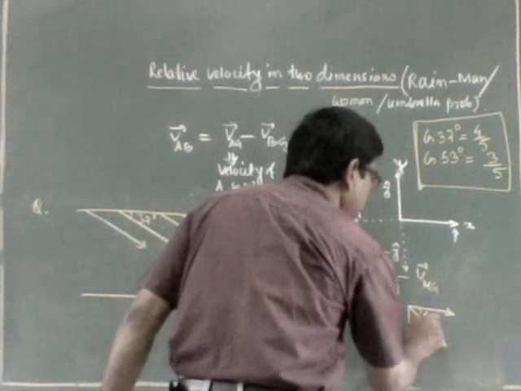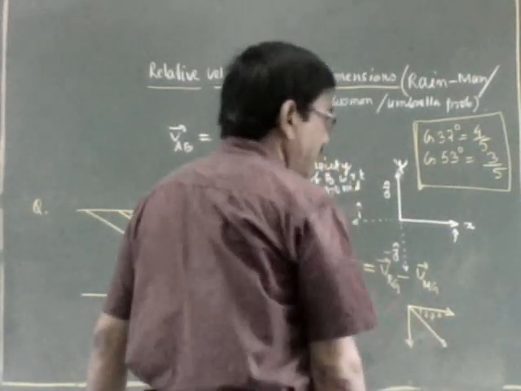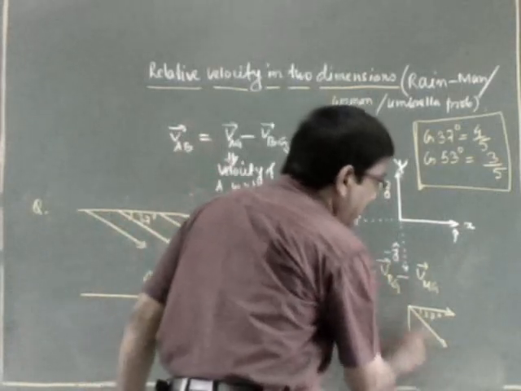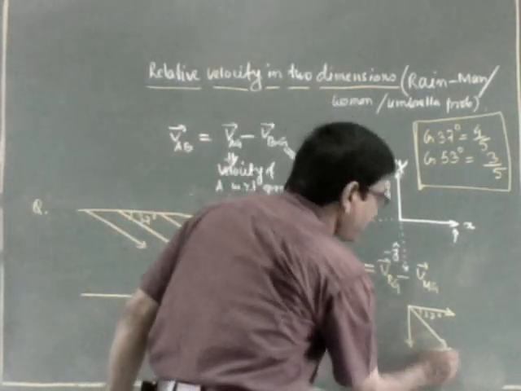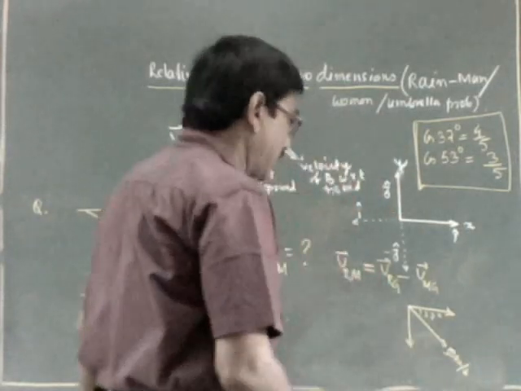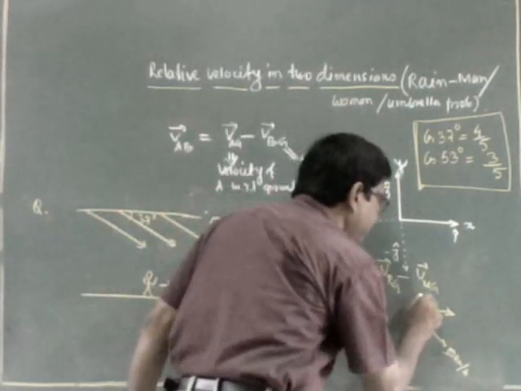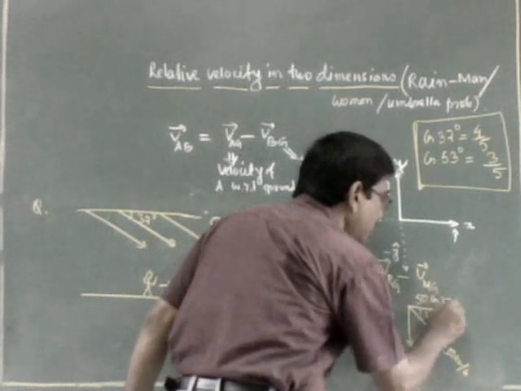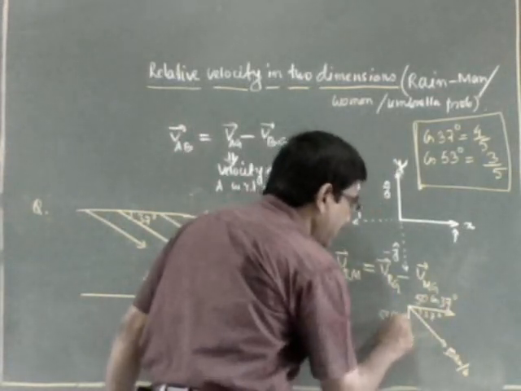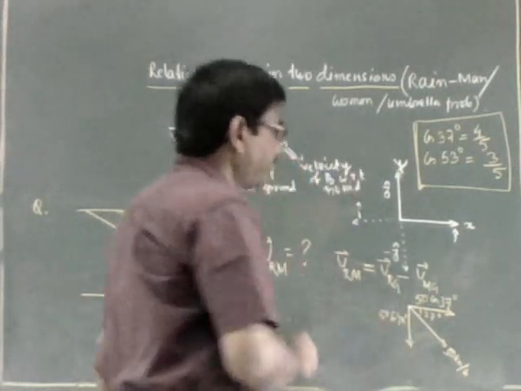This is 37 degrees, and the rain is falling with 50 km per hour. So this will be 50 cos 37 degrees, and this will be 50 sin 37 degrees.